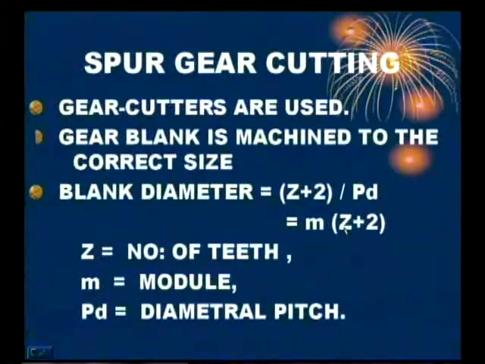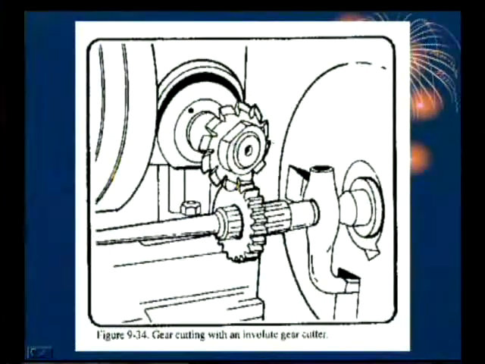So, if Z is the number of teeth to be on the gear with module m, the diameter in mm is obtained. So, you have to machine the blank diameter initially. With this diameter blank, by properly choosing a suitable cutter, we can go for producing spur gears on the blank.